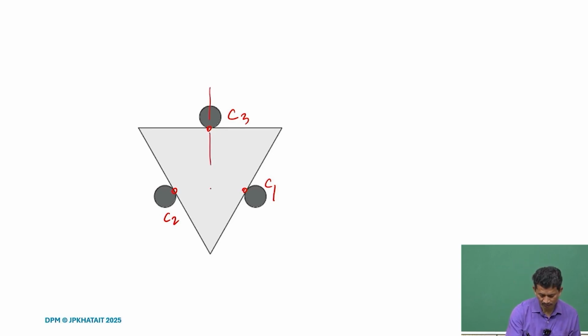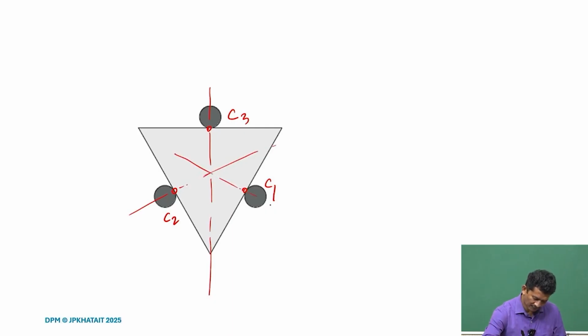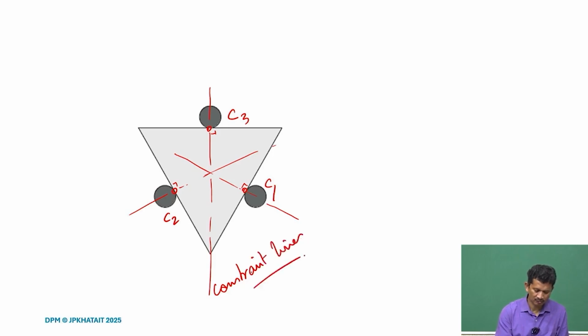Along C1, along C2, what we find is that these are the tangent lines and these will be all the perpendiculars. So, C1, C2 and C3 are the constraint lines. So, we have 3 constraints.